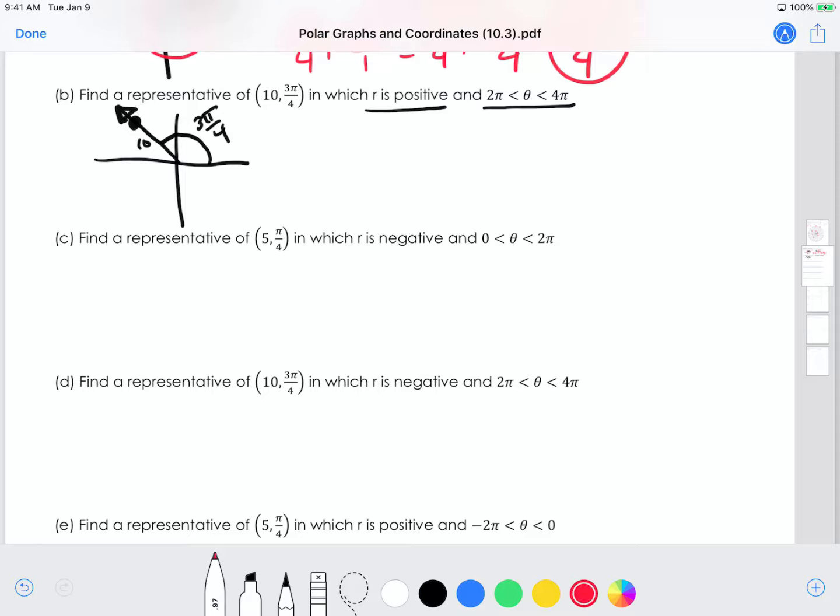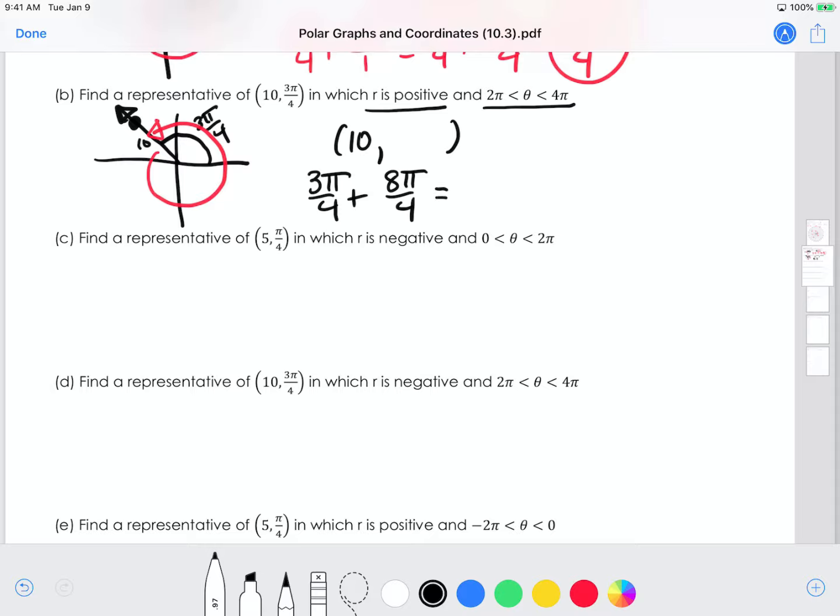So that means I want to go around a whole other rotation so that it lands in the same spot. It's at an angle between 2 pi and 4 pi, and my radius is positive. So I'm going to have 10 for my r, and I need to find my other angle. So I'm going to take 3 pi over 4, and I'm going to add 8 pi over 4, which is 2 pi, a whole other rotation.